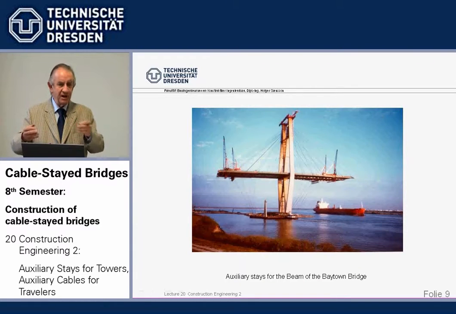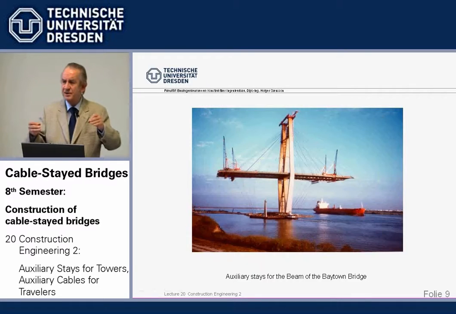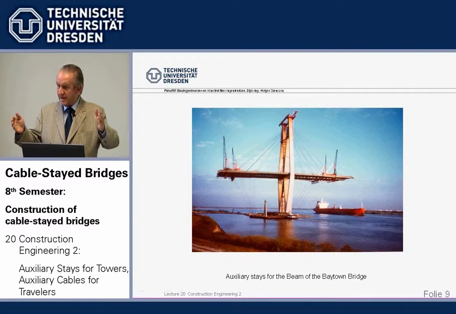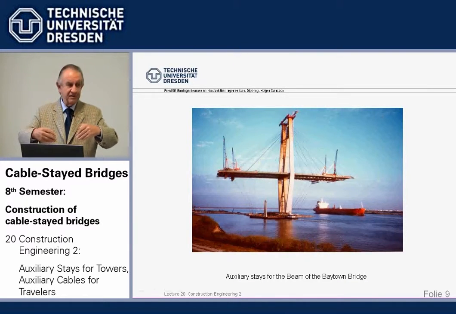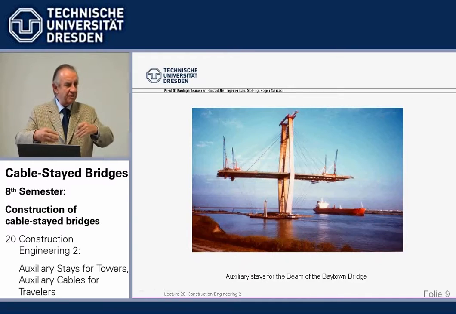It's clear, a bridge is much more vulnerable against high winds in the cantilever stage, when it's not connected, than in the final stage. We've done certain things in the final stage, but there the problem wasn't so critical.